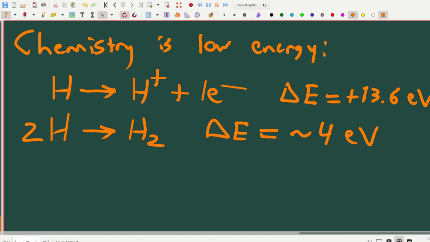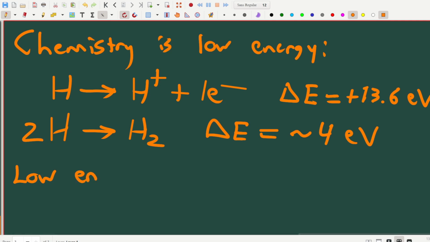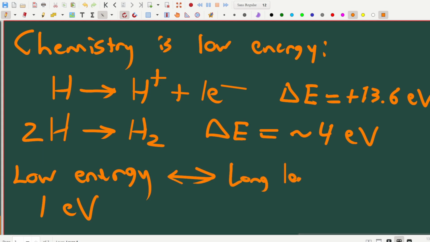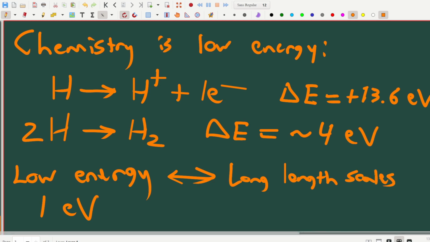What does that also mean? Well, because it's at low energy, 1 eV, that also means we're at long length scales. We don't have to worry about microscopic particles, because chemistry happens at the length scale of the electromagnetic interaction, which is about 0.5 angstroms, about an angstrom.